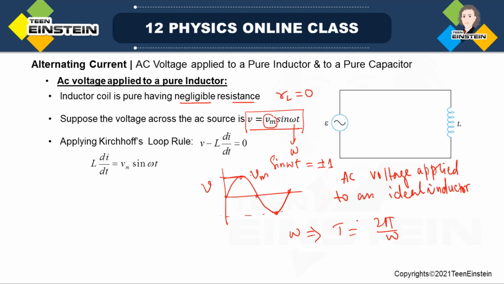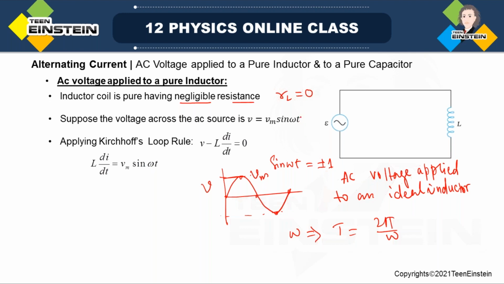So these are the things we know already. So we have got some idea about what we are applying to this pure inductive circuit. Pure inductive circuit means the inductor does not have any resistance associated with it, or if it has, it is very very small, and it is possible to neglect that.